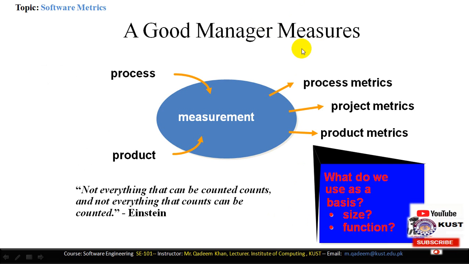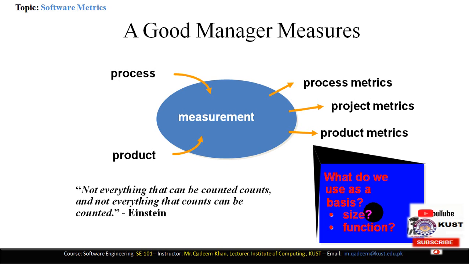A good manager measures the process metrics, project metrics, and the product metrics. So these are called the types of measurements or the types of metrics. Process metrics, project metrics, and product metrics are very important types of measurements. So what do we use as a basis? The size or the functions. Size means lines of code in the program.